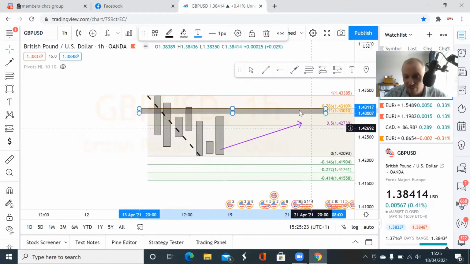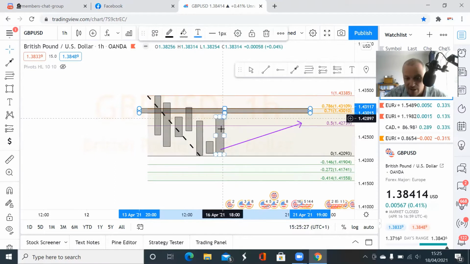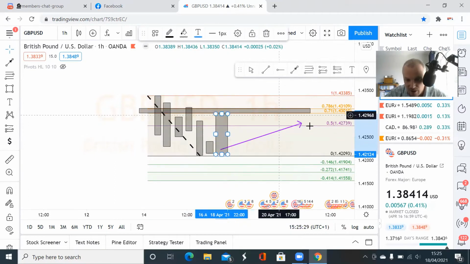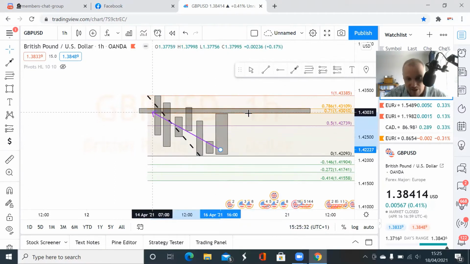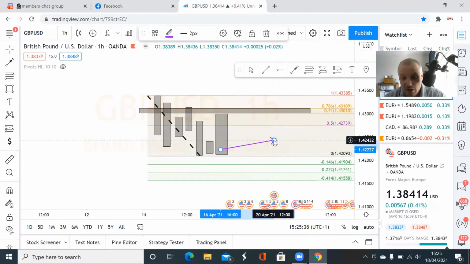It's a very highly respected area. This is an area where we look for price to come back to touch, to mitigate this area, and when it does, we are looking for the price to continue either on the down or the upward motion. So the fib levels are 1 on the top.